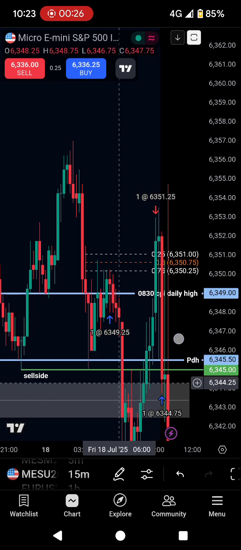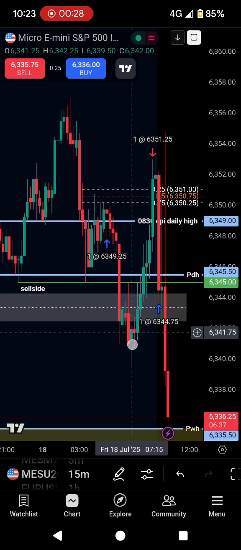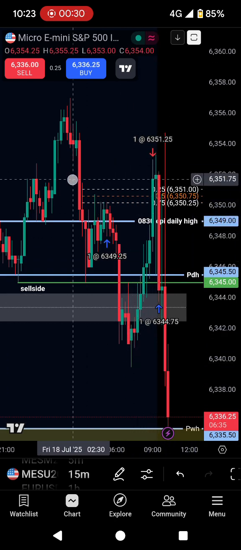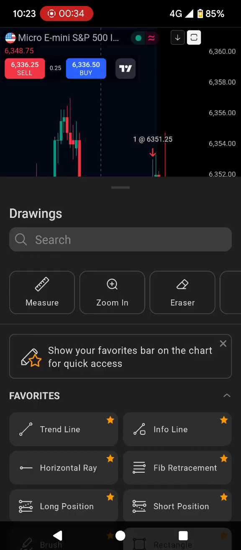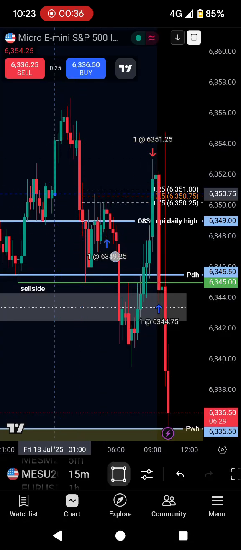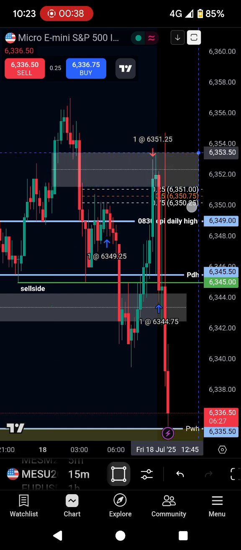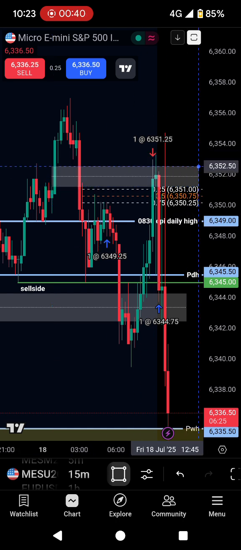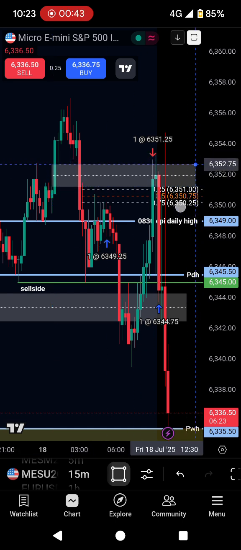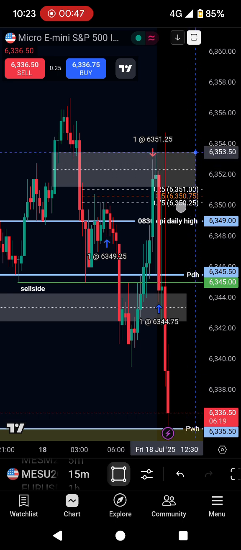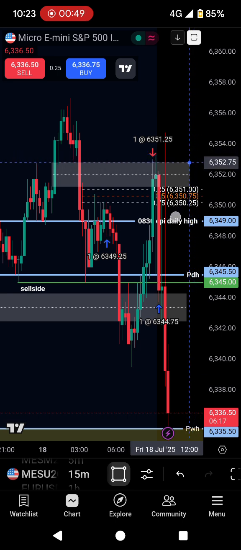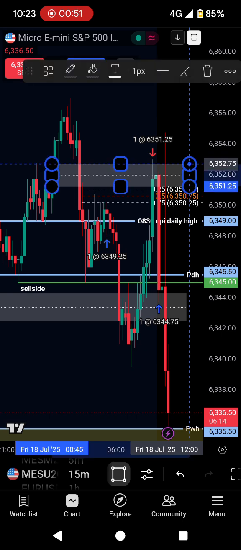So basically we cleared the sell side at the displacement, came higher to this balanced price range, which we expect price to stay inside and then expect price to go lower. So actually this is the balanced price range here.